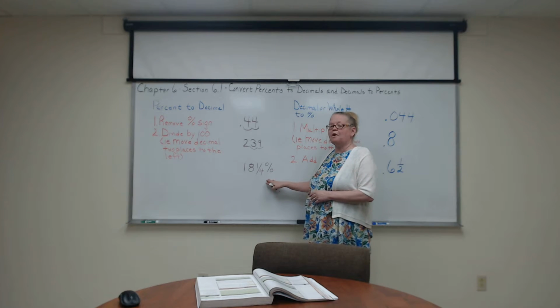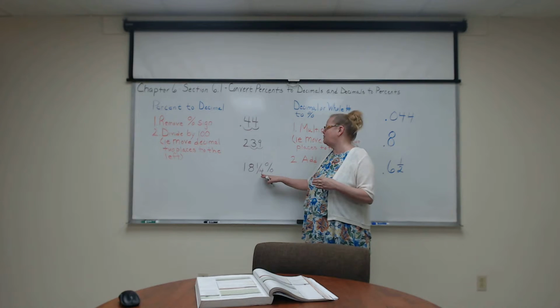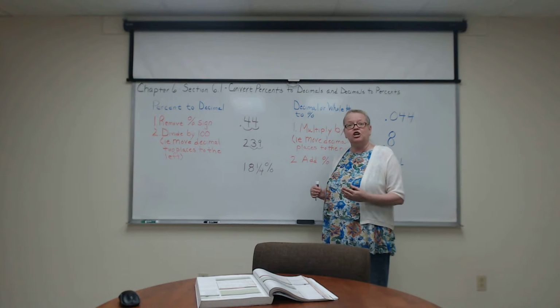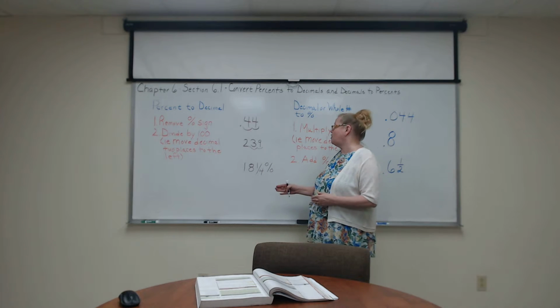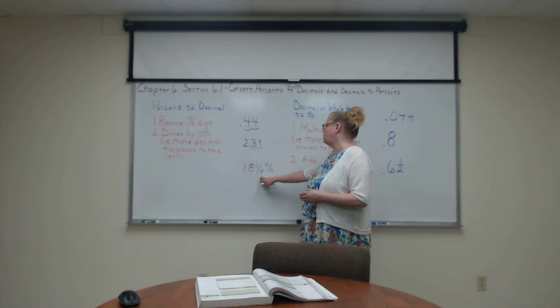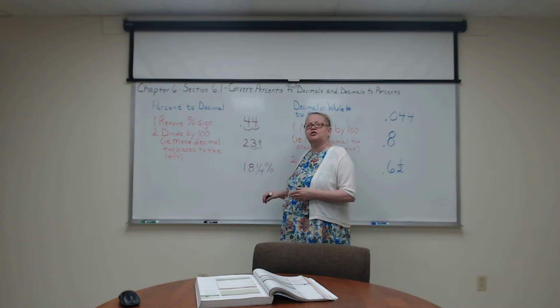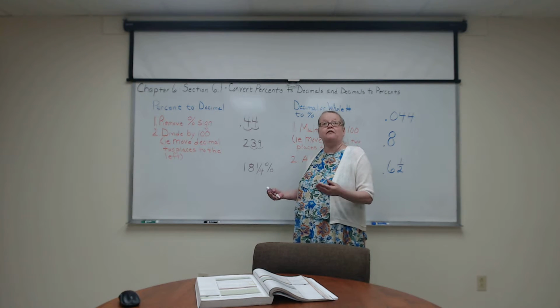Here, if you remember, and it's in your textbook, if you have a fractional percent, you need to change that into a decimal in order to solve this. I went with some pretty easy ones. We know that 1/4 is actually 0.25, or 25 hundredths.